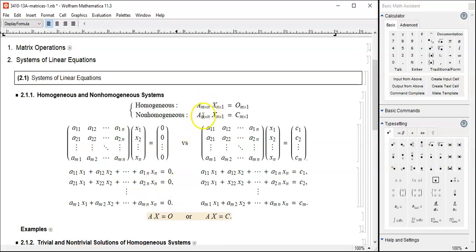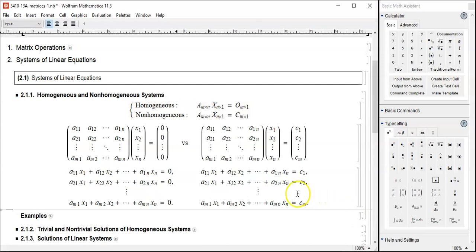Here, I specify the sizes of those matrices. M by n matrix times n by 1 matrix is equal to m by 1 matrix. Now, if this is the usual general rectangular m by n matrix, that means I have m equations and n unknowns.